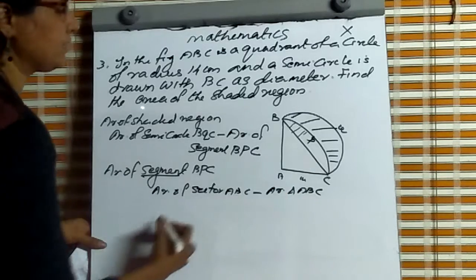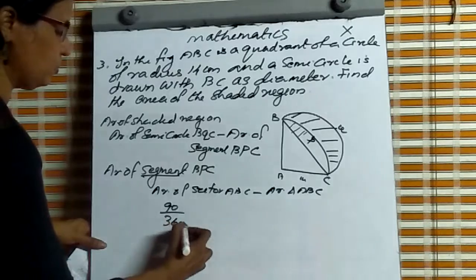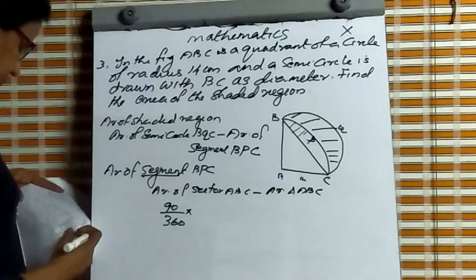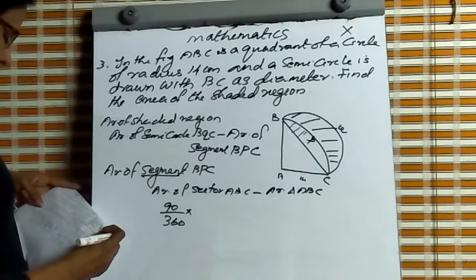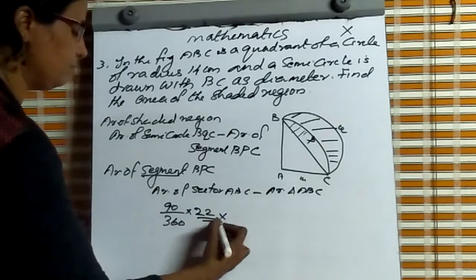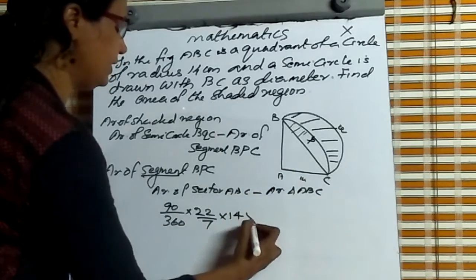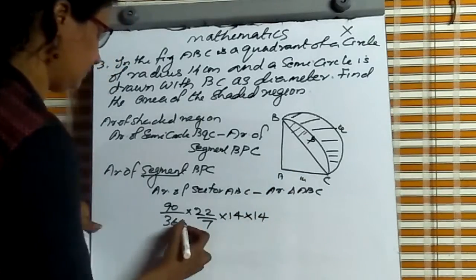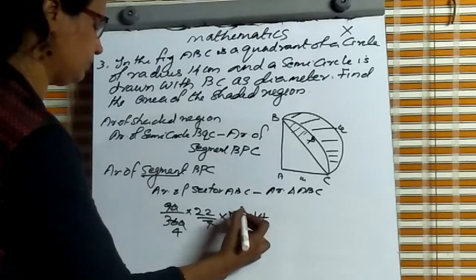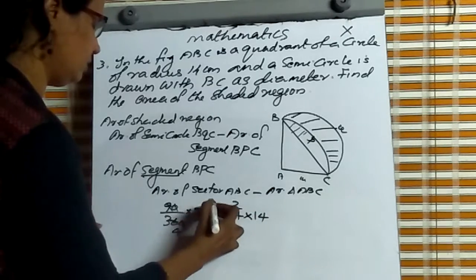What is area of sector? Area of sector is 90 by 360 into pi r square. Value of pi is not given, so we use 22 by 7 into radius 14. 7 twos are 14, 2 elevens are 22.